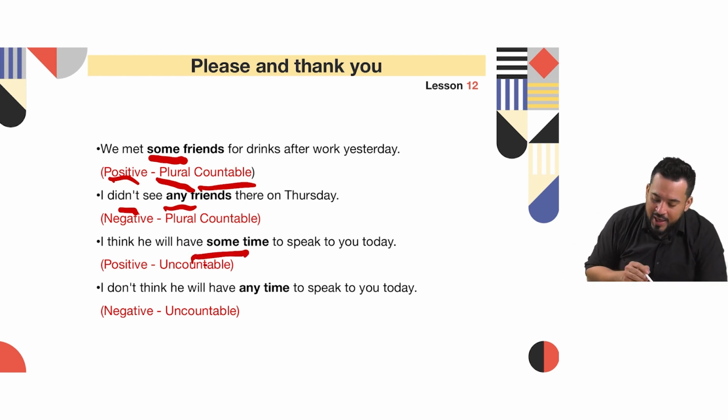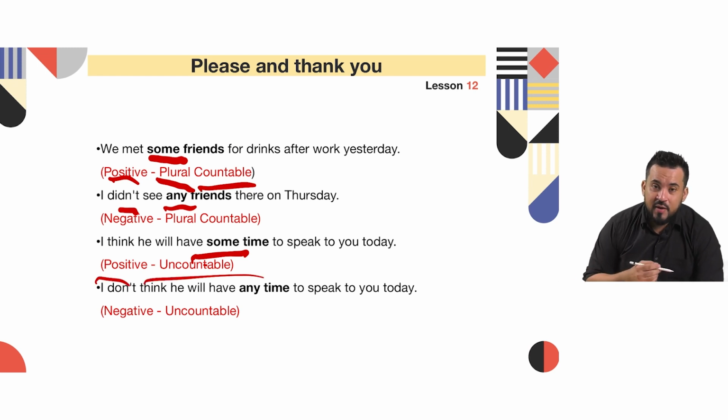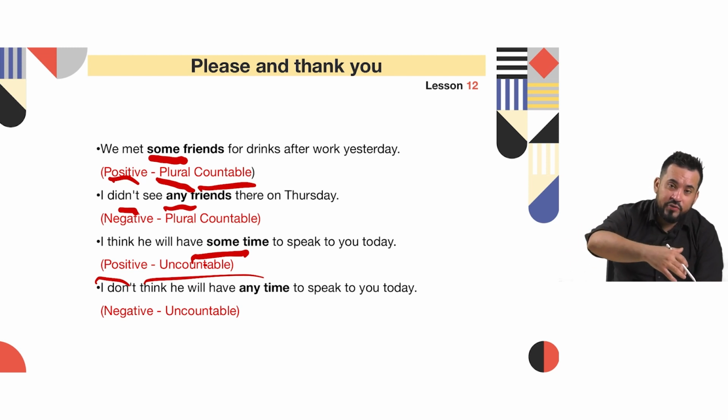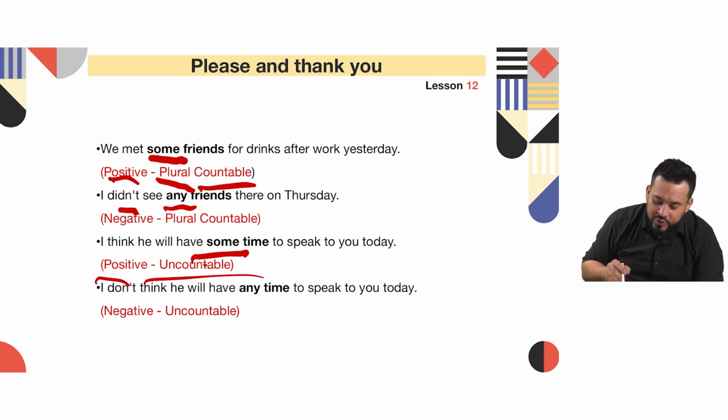I think he will have some time is positive, and it's uncountable because time is uncountable. You know, you don't say I have 3 time or I have 4 time. Again, time is used with a quantifier, which is hours or minutes. Those can be counted. Those are countable, but time is uncountable. I don't think he will have any time.